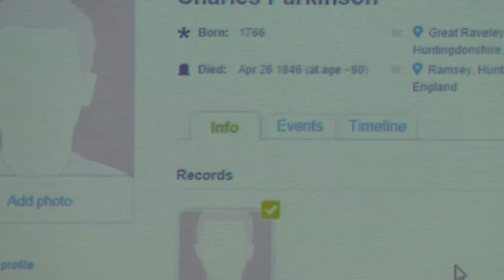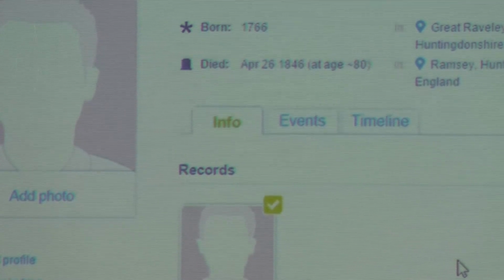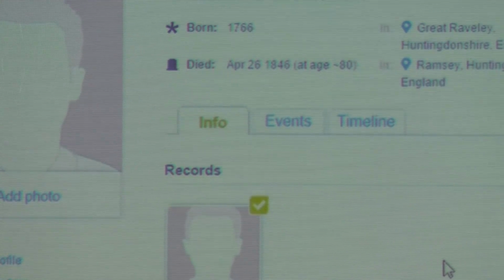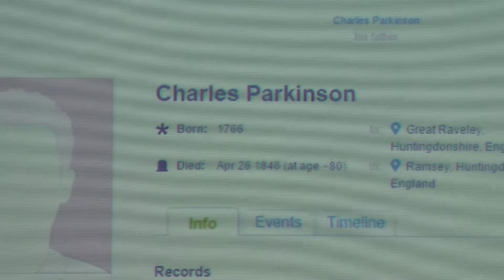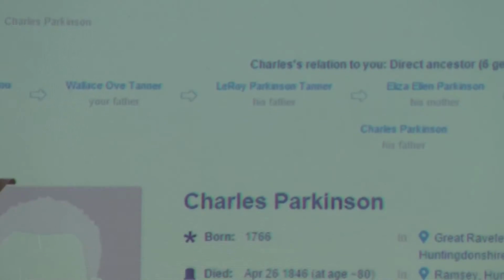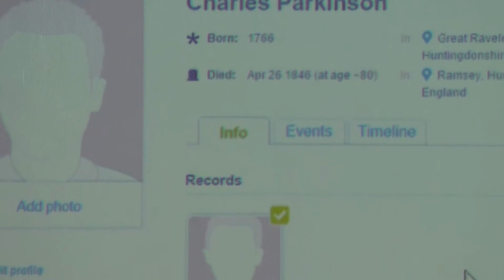And we are also in a position now to evaluate any records that they might find to see if they're ours or not, because we have a little bit more information than just taking somebody's word for the fact that that was what happened.